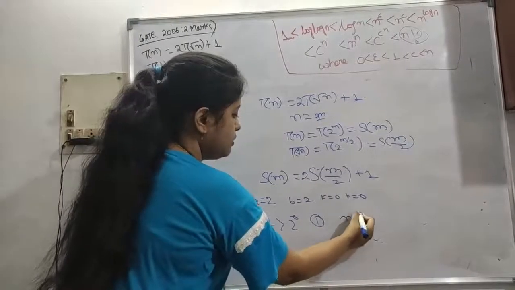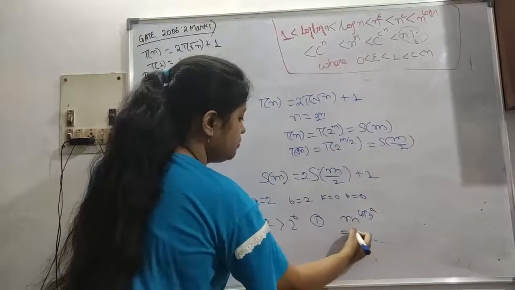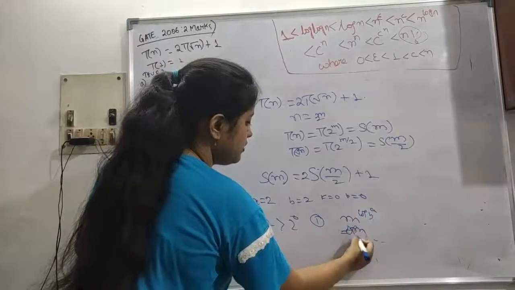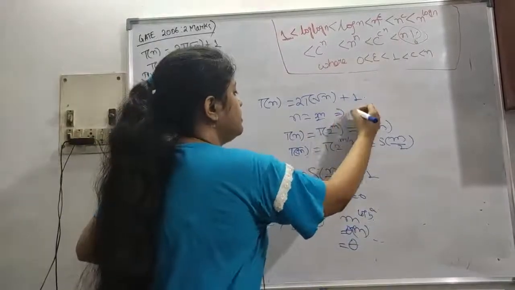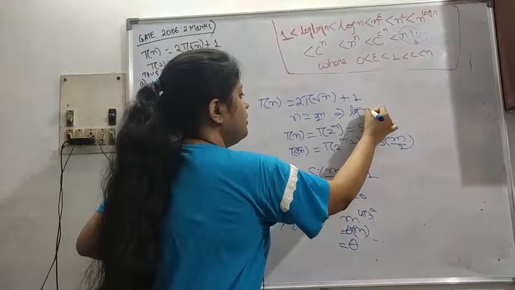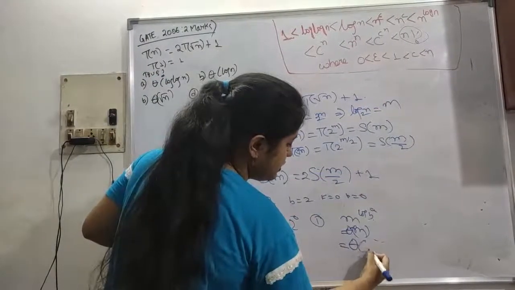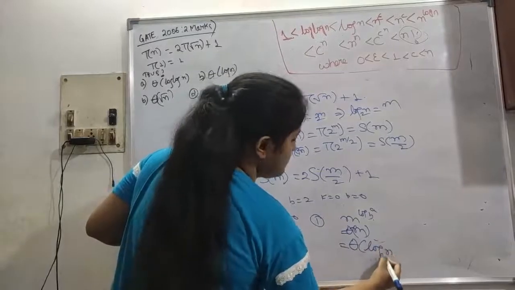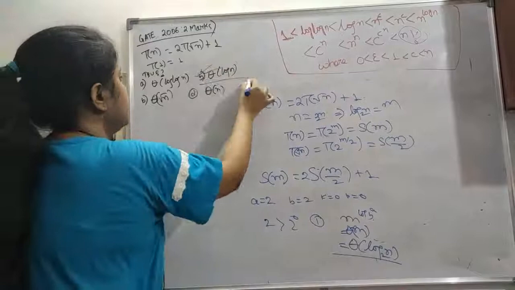So m to the power log of A base B, this is 2 and 2, so theta of m. So m means, see here, m means log of n base 2. So here it is coming as log of n base 2. So this is our answer.